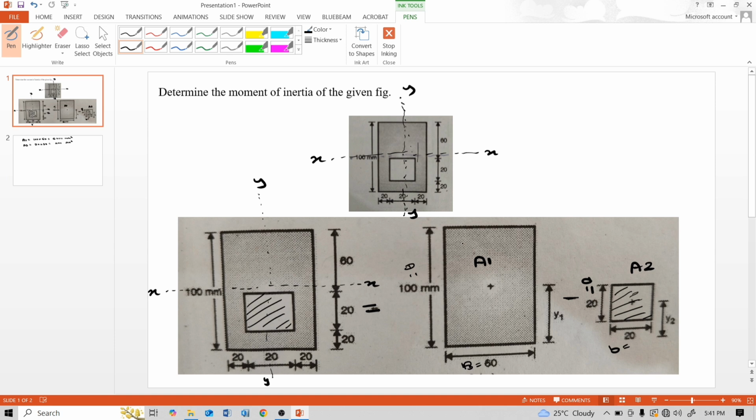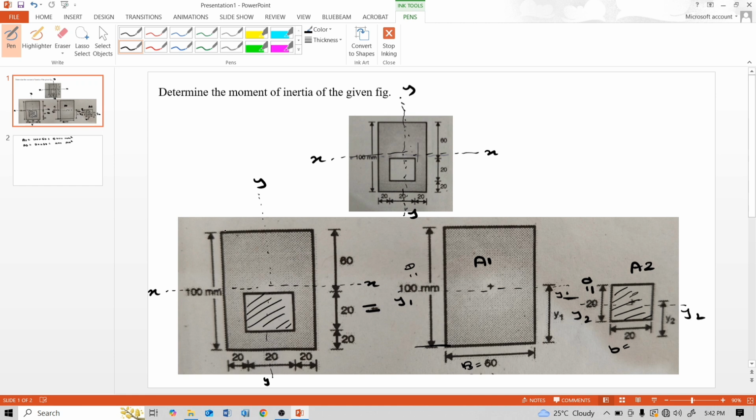The position of the neutral axis for this rectangular part is y1 from the bottom face, and for this small square part, sorry, this is a square part, it is y2.